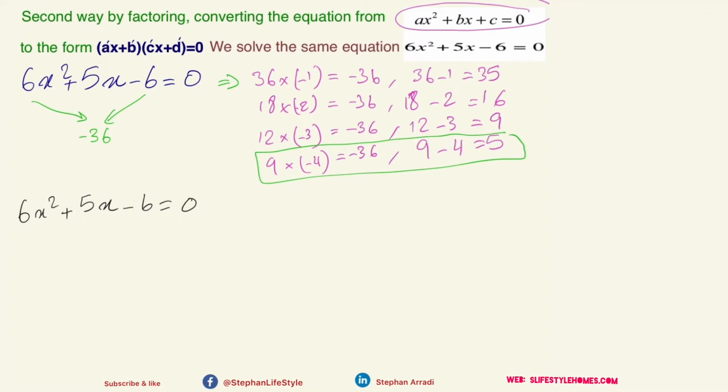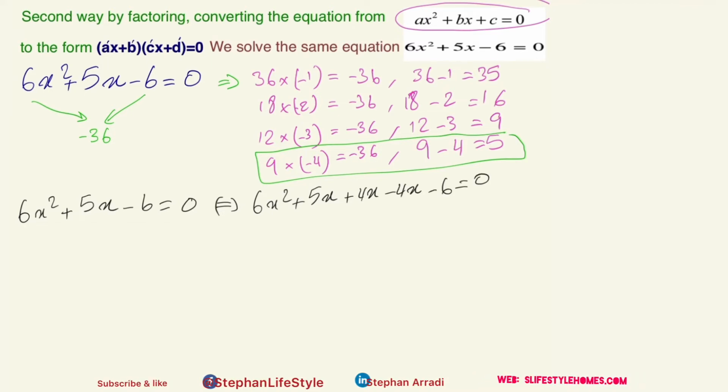What we're going to do is add 4x and subtract 4x. So it's 6x squared plus 5x plus 4x minus 4x minus 6 is equal to 0. What we did, we added a number and subtracted it, it is still 0, so nothing changes.